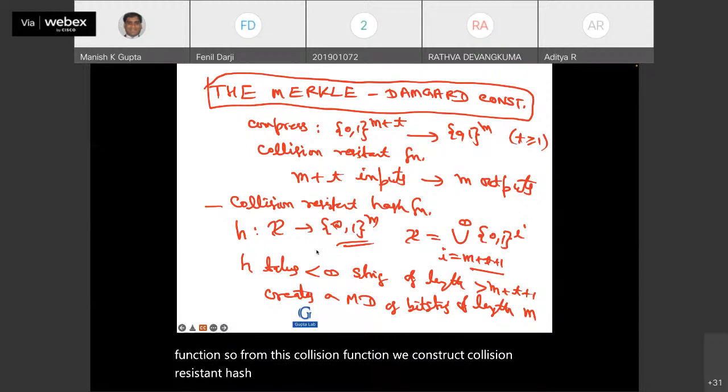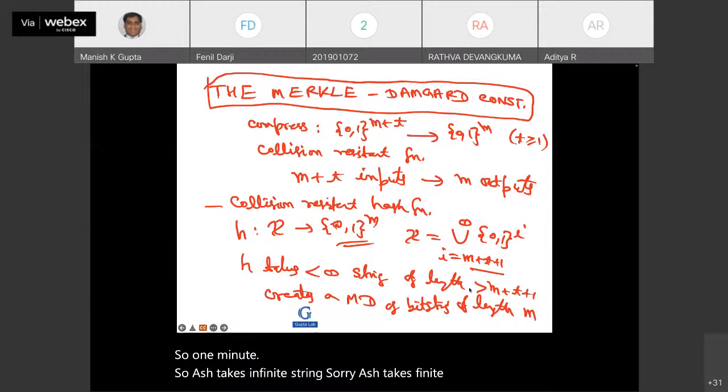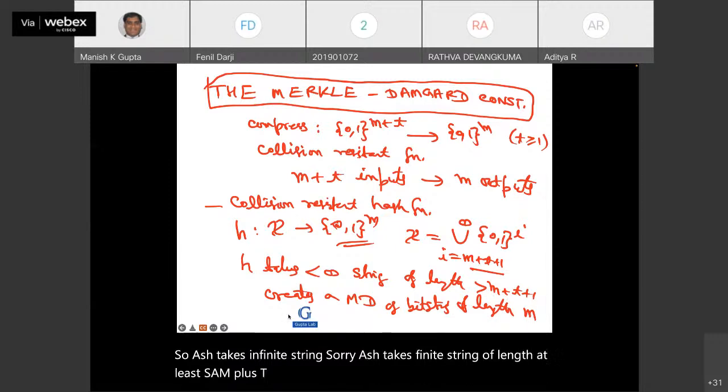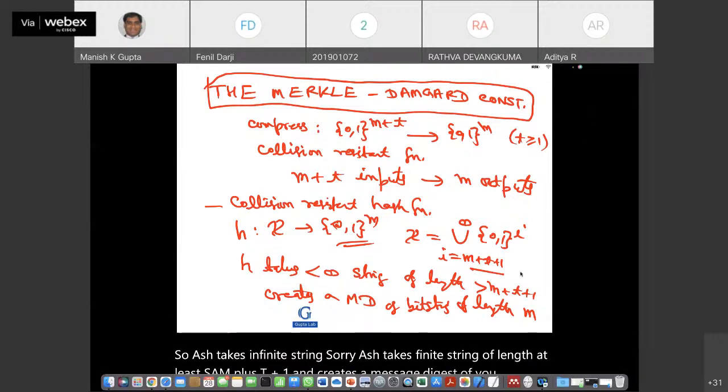So the hash function takes a finite string of length at least m plus t plus 1 and creates a message digest, a bit string of length m.